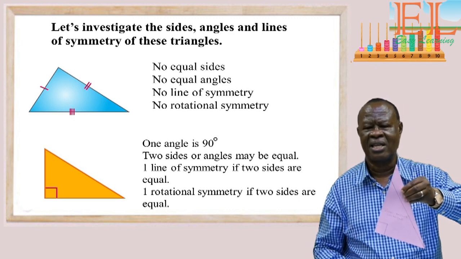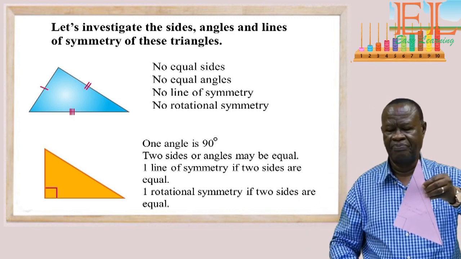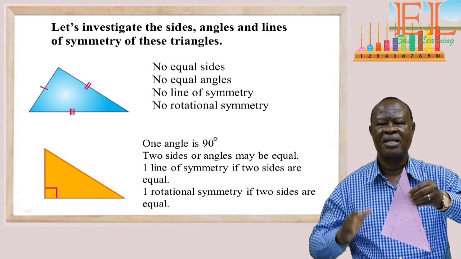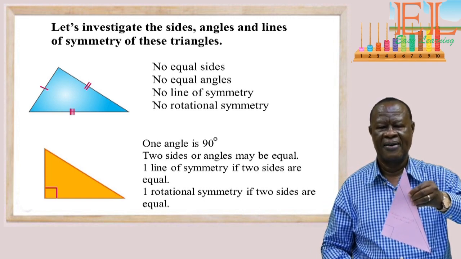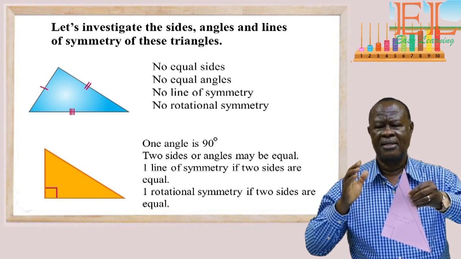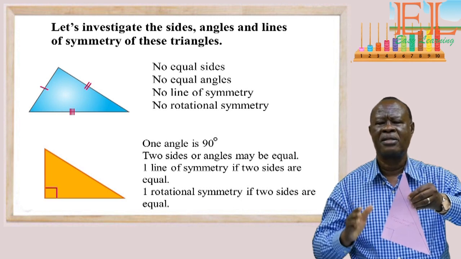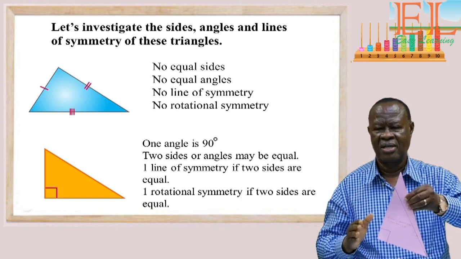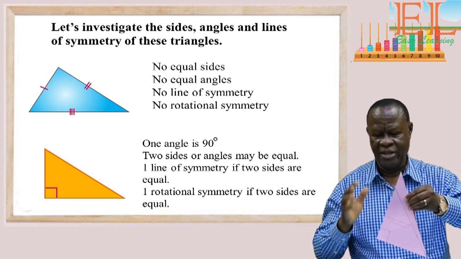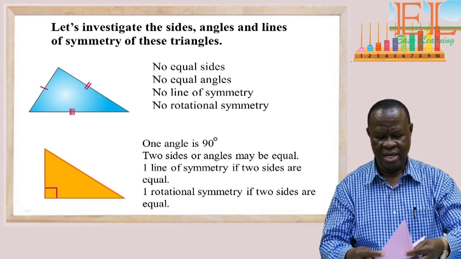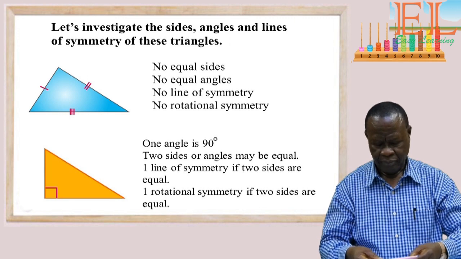Similarly, looking at its symmetry, if it is the scalene right angle triangle, there will be no line of symmetry. But if it is the isosceles right angle triangle, there will be one line of symmetry if the two sides are equal. So we can easily get it in this form if we fold it.